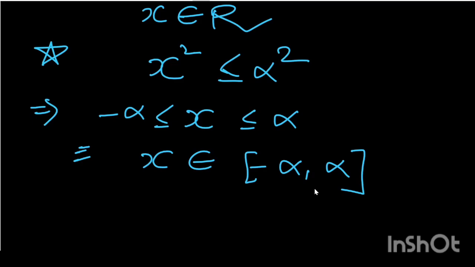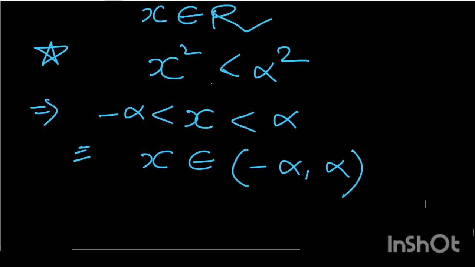And in case it is only less than, instead of less than or equal to, what would be the formula, guys? If here it is only less, then here also we will take less than, and this would be replaced by round brackets instead of square brackets. If the equality sign is missing here, it would be missing here as well.